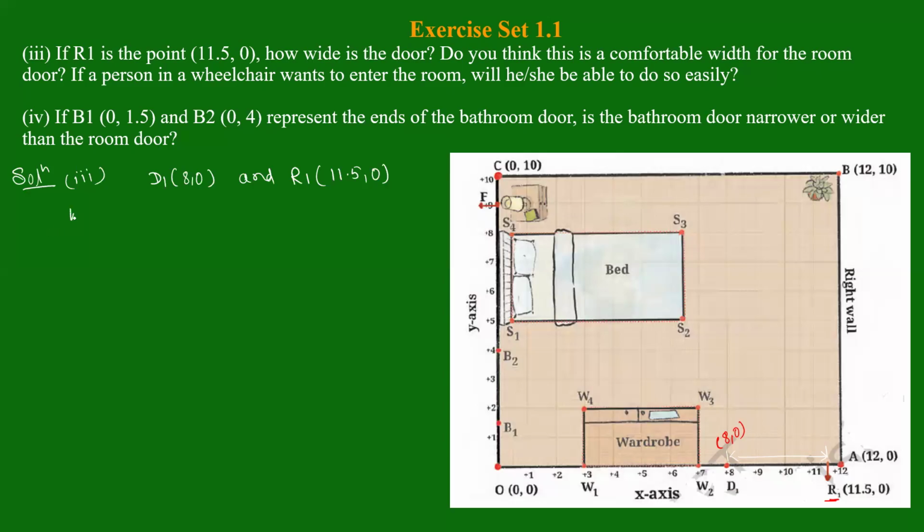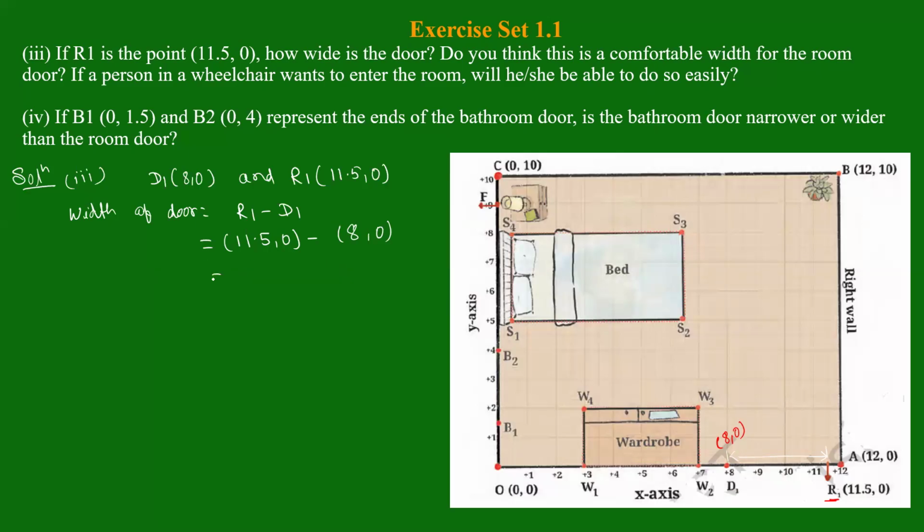So finally, the width of the door is R1 minus D1. Later you'll see in the next exercise how to find the distance with the help of both coordinates.